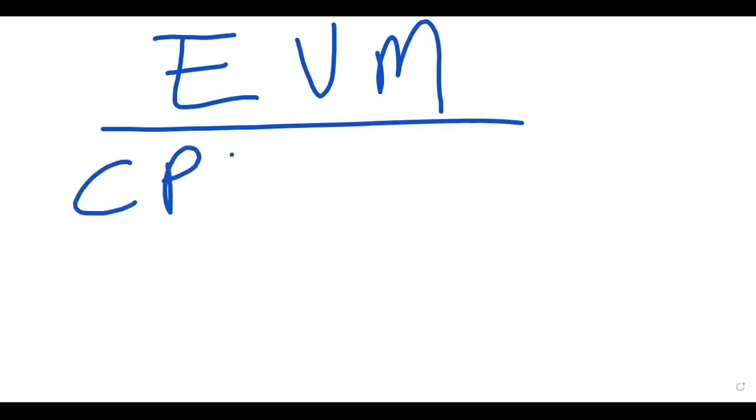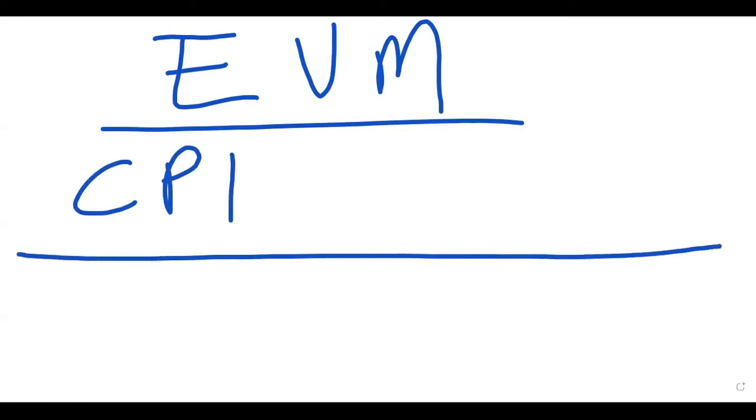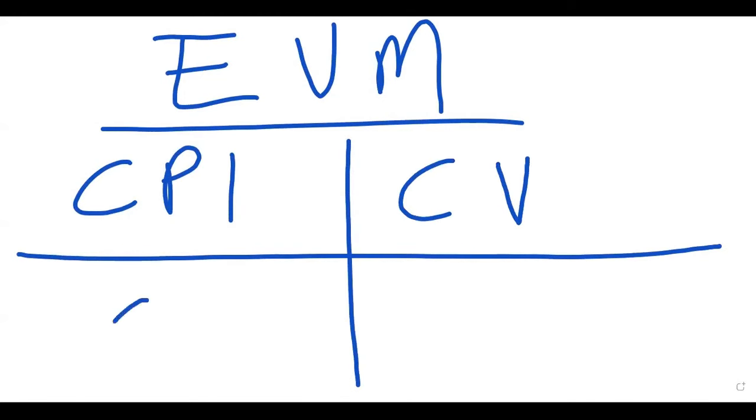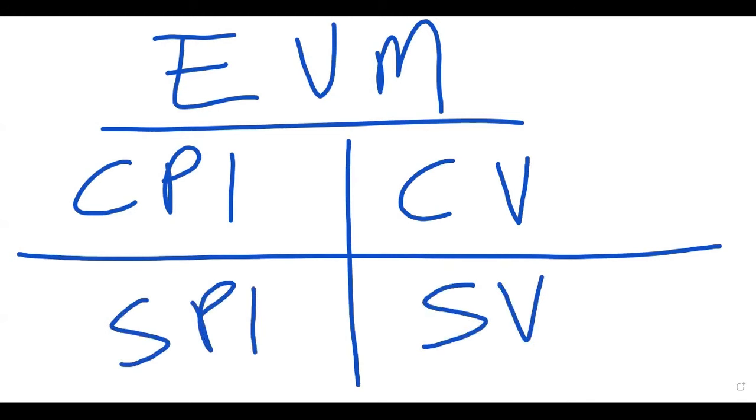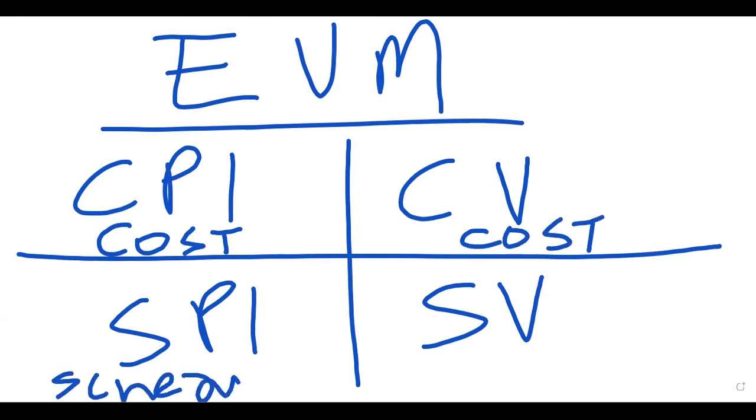You have four metrics: cost performance index, cost variance, schedule performance index, and schedule variance. So your metrics revolve around cost, all right? These two are cost, and this is schedule, just like this one, right?